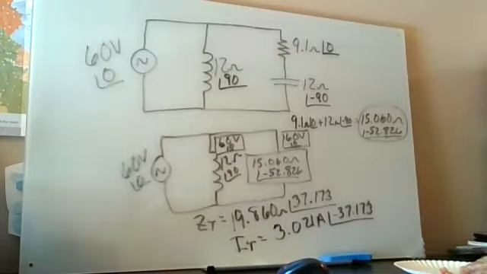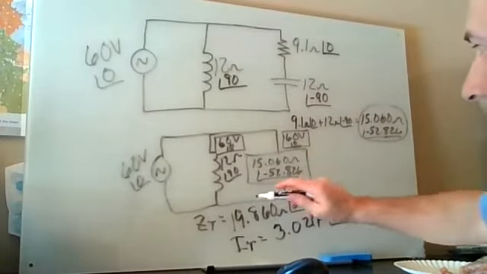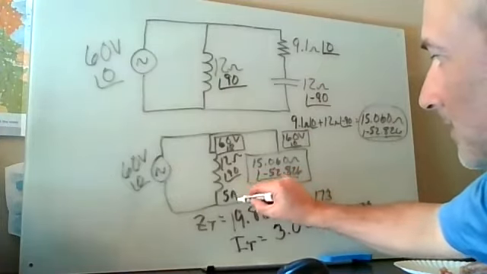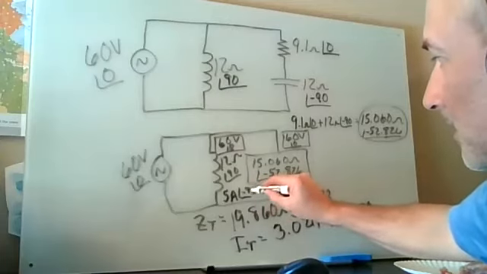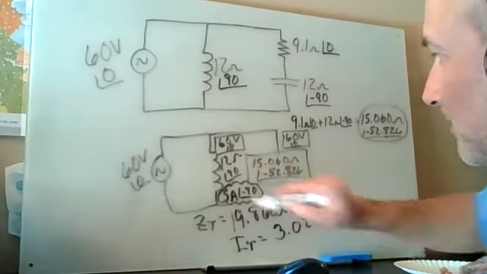Now I can go back and get my currents here, just voltage divided by impedance, voltage divided by impedance. This one here is pretty easy. This one's 5 amps at an angle of negative 90. And I know sometimes you can't see it very well on this board.